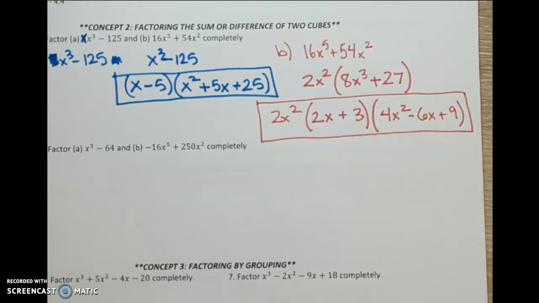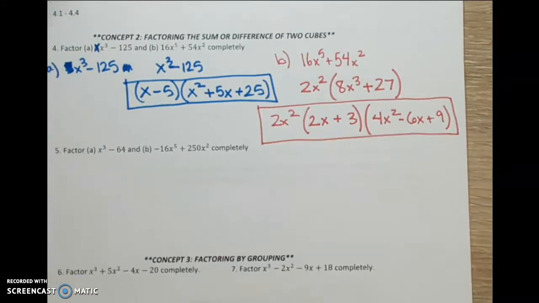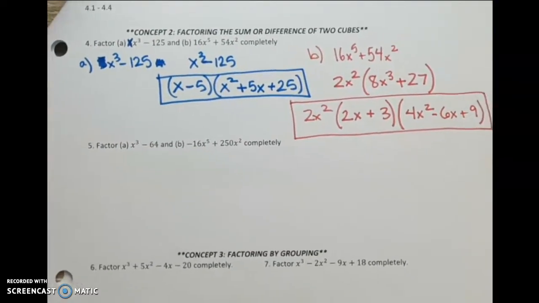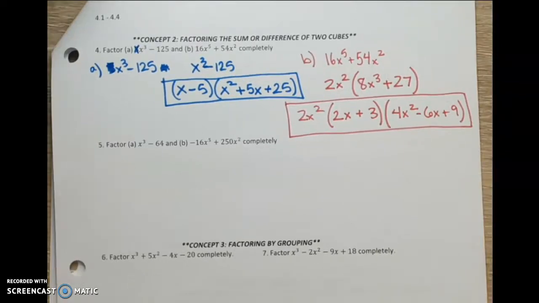Okay, there we go, and there is how we do it. If you could try number 5, give it a go. I'm going to pause this here, work those out.